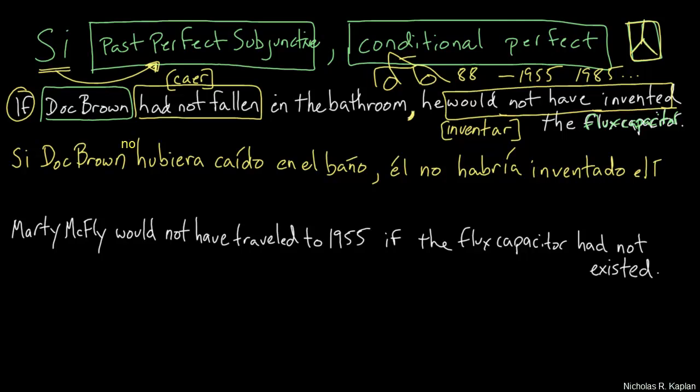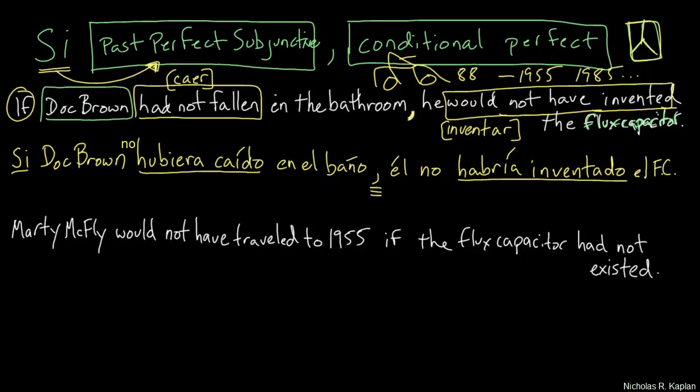And to be quite honest, I have no idea how to say flux capacitor in Spanish, so we'll just call it FC. There you go. Si followed by past perfect subjunctive, comma, and then the conditional perfect.